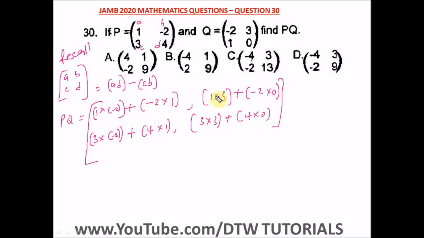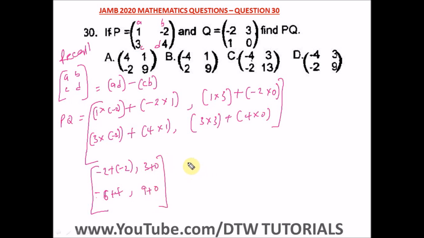So open all these brackets, we have minus 2 plus bracket minus 2 and minus 6 is minus 6 plus 4, comma, 3 plus 0 and 9 plus 0.